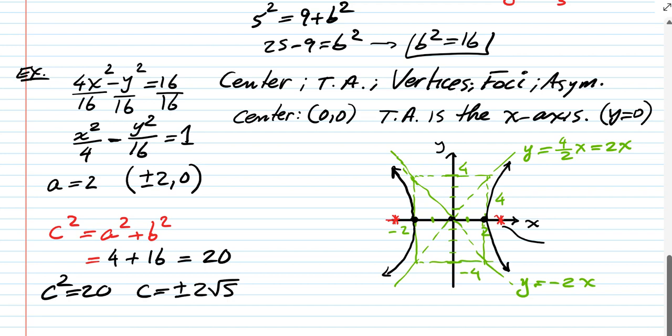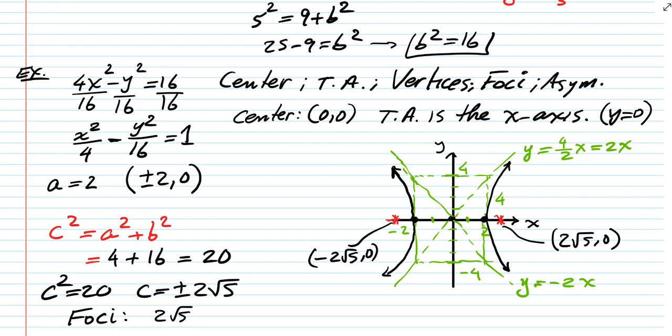And perfect. We got the coordinates of this one, for example. The coordinates is going to be 2 root 5 comma 0. The other one is going to be negative 2 root 5 comma 0. Those are the coordinates of the foci. So the foci are going to be plus minus 2 root 5 comma 0.